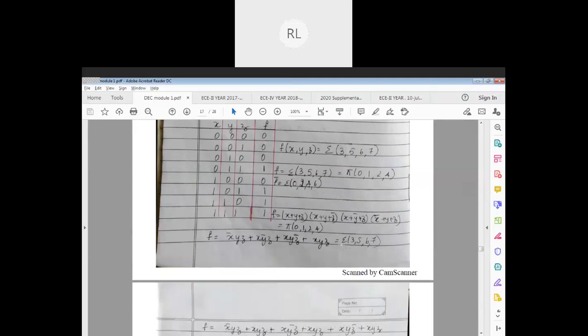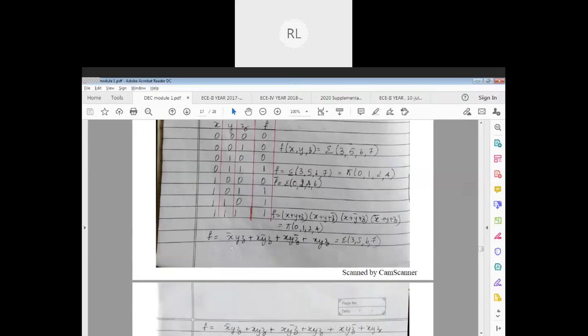Okay, so consider this equation here. Since this is in min-term format, and I have told you that in min-term format we consider 1, right? When I say 1, there shouldn't be a bar. Here y and z do not have a bar, so I consider them as high.